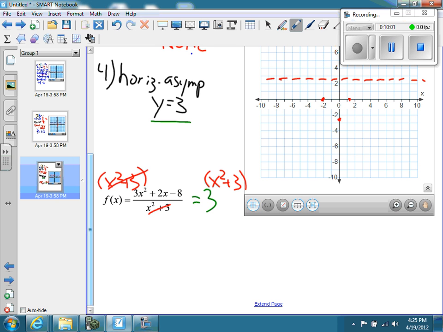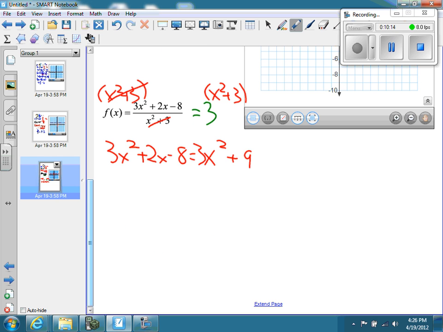And I'm going to have 3x squared plus 2x minus 8 is equal to 3x squared plus 9. It's getting a little interesting, actually. My 3x squareds go away. I have 2x minus 8 is equal to 9. That gives me 2x is equal to 17. X is equal to 8.5.